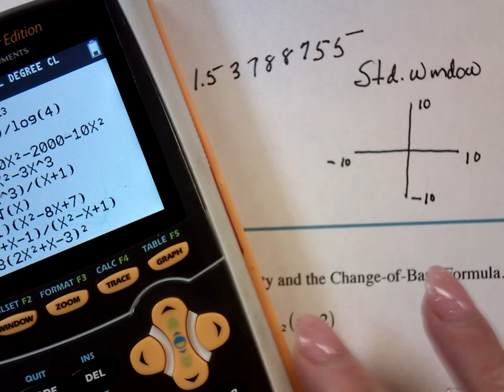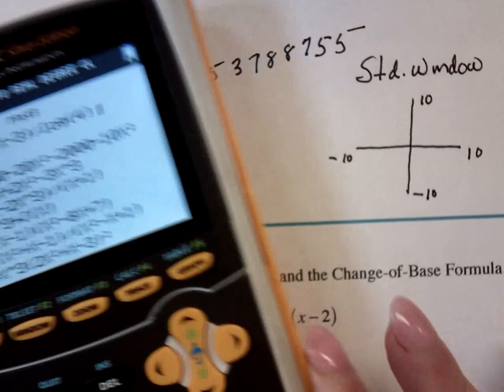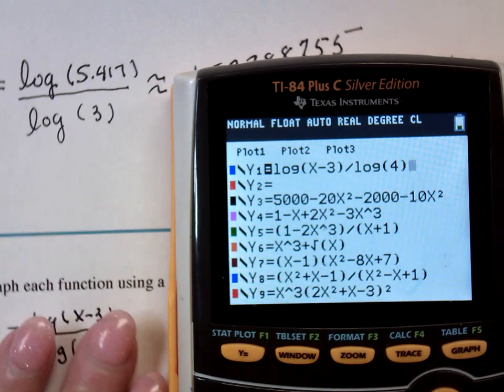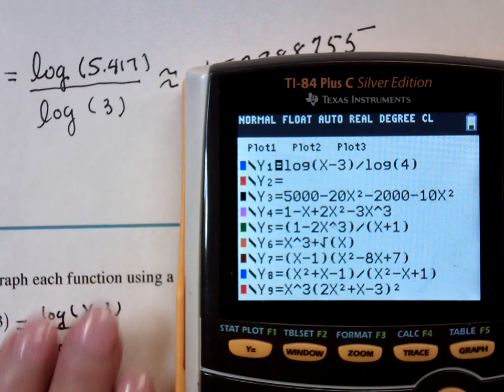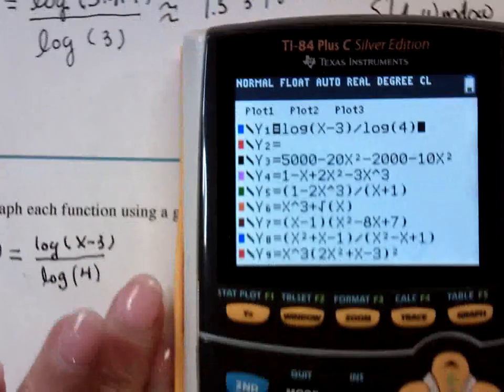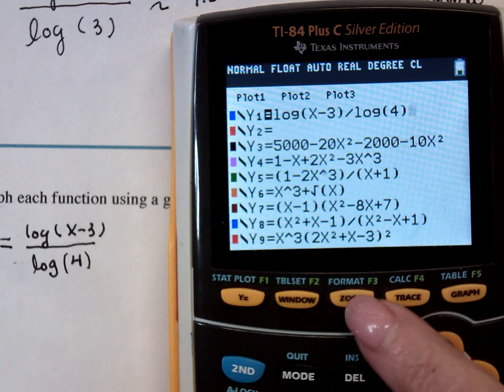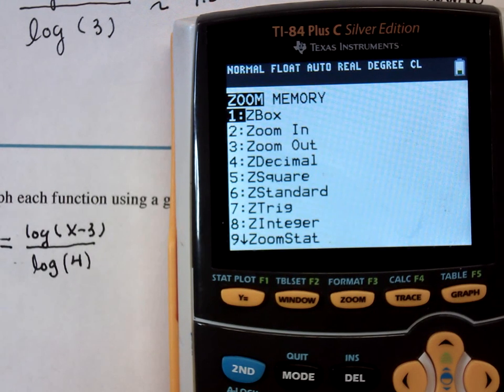I never know where my calculator has been and what I've done with it last, or if somebody borrowed it from me and did something with it. So what I normally do is under this button called Zoom, if you hit Zoom, it's got all kinds of zooms. Zoom box, zoom in, zoom out, zoom decimal, zoom square, and notice zoom standard. I usually go down to zoom standard, zoom 6.